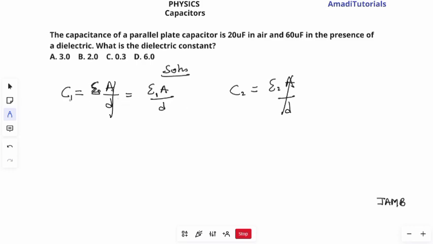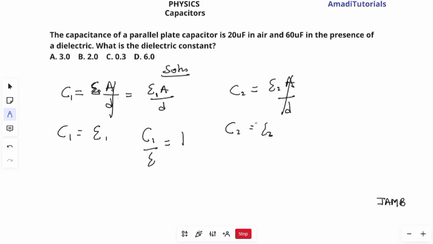So you are left with C1 equals epsilon 1, and C2 equals epsilon 2. Now, from this first equation you can get that C1 over epsilon 1 equals 1.